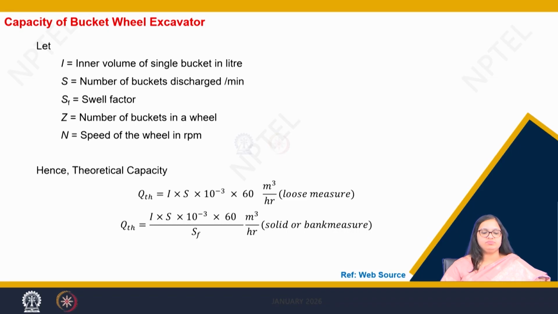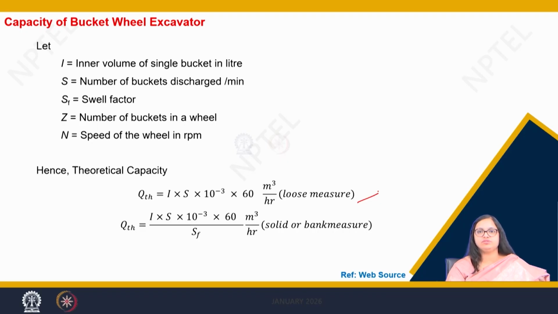It is given by this equation: QH is equal to I multiplied by S multiplied by 10 to the power minus 3 multiplied by 60. This is given in meter cube per hour. When we talk about the inner volume of a single bucket, as we discussed in the theory class, it is specified in liters.